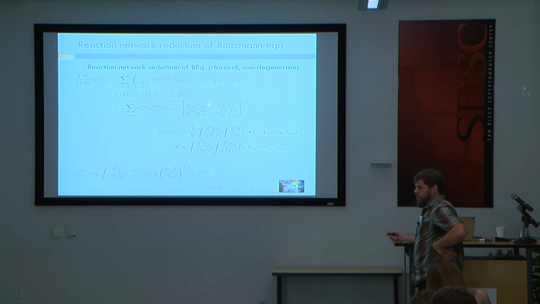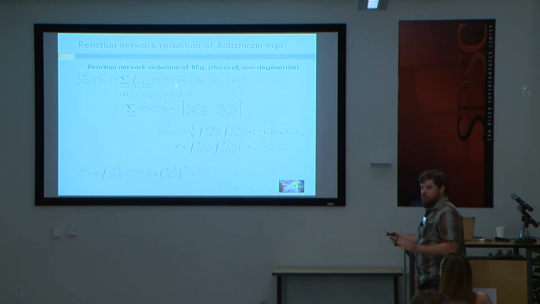In that case, you have Maxwell-Boltzmann statistics. And then you can reduce this equation. It's an exercise. If you can do it in detail, then you get a gold star. Because to be honest, I still have trouble getting from here to here. I know that both of them are right, but maybe one's more right than the other.